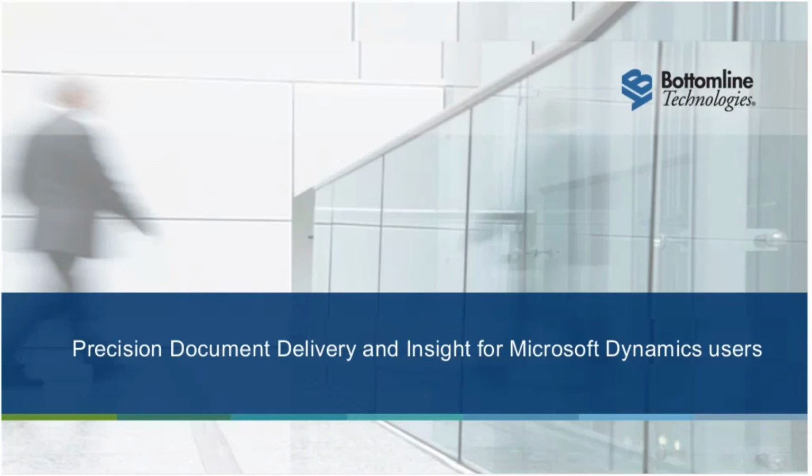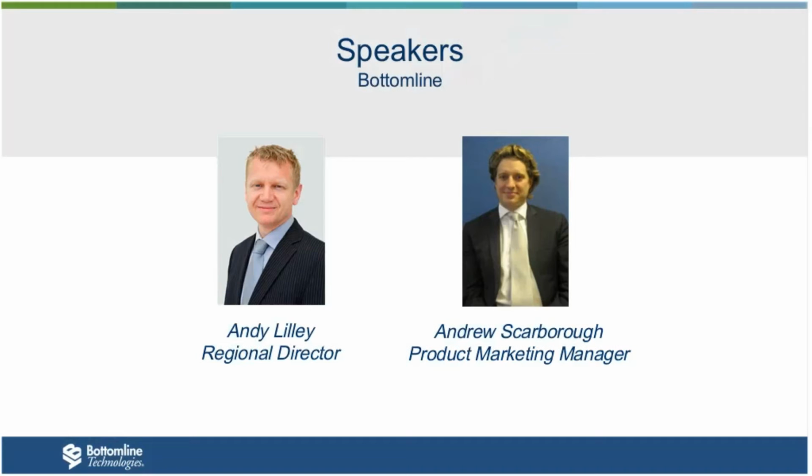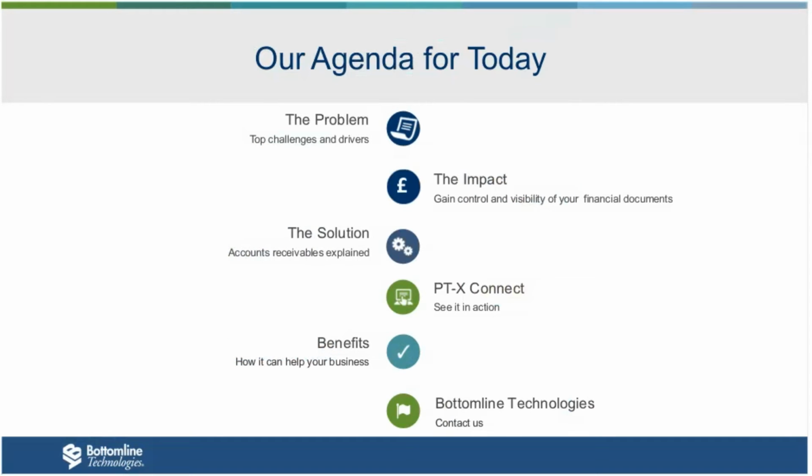Our agenda today is quite straightforward. Our intention is to explain where we see, and what our customers are telling us about, some of the challenges they have. Hopefully we'll help define some of the problems and challenges that our customers are facing, the impact on their business, and how we are helping to solve those problems and improve efficiency and visibility within their businesses, and ultimately improve their financial processes.